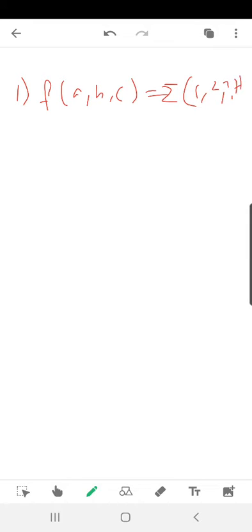Let's solve one question. Okay, we say that we have a function f of a, b, c, and the function is given as sigma 1, 2, 3, and 7. We need to implement this boolean function using our 3:8 decoder.